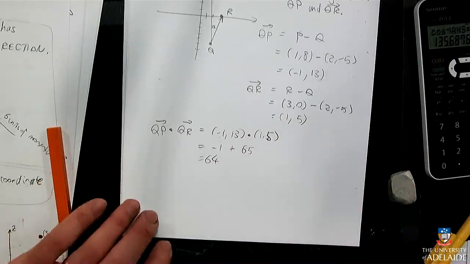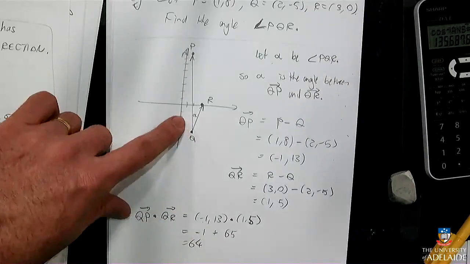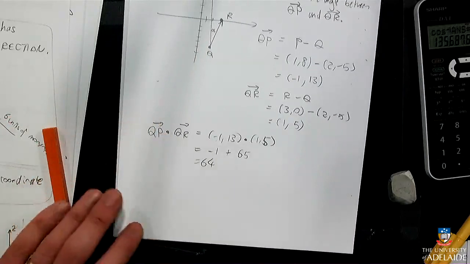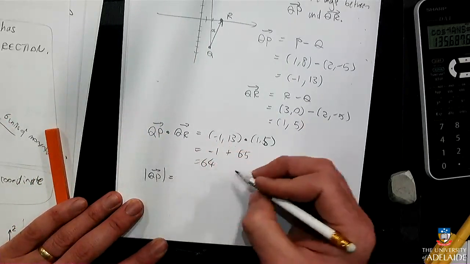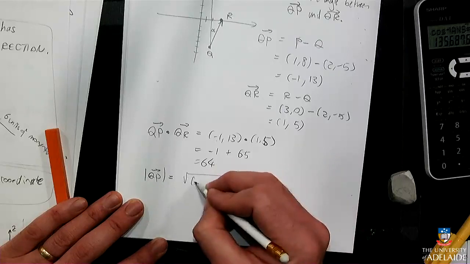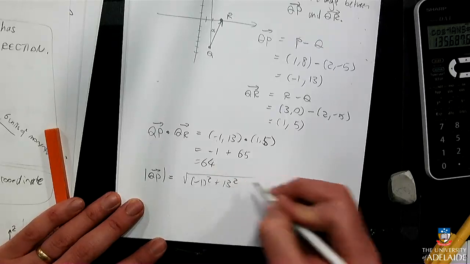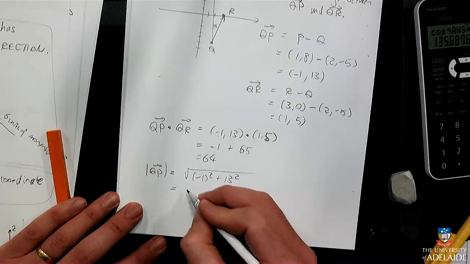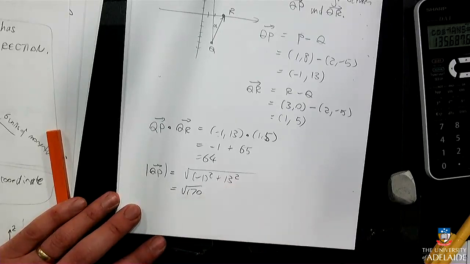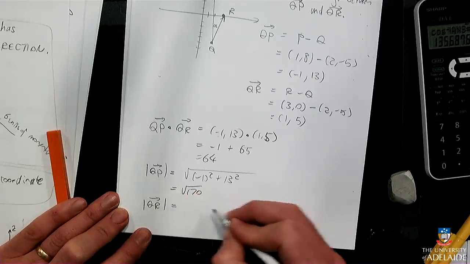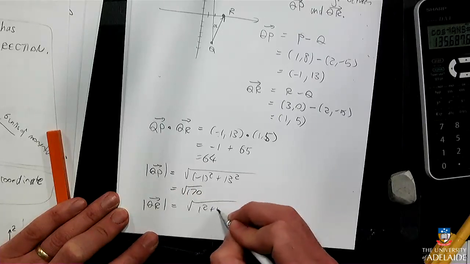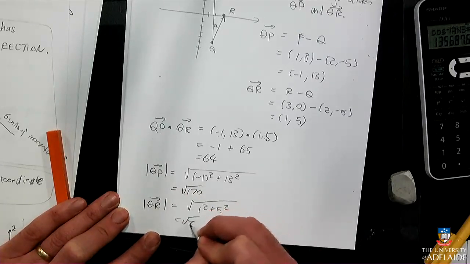So it's positive, which means the angle's less than 90 degrees, and it looks like it, so that's good. The length of QP is the square root of minus 1 squared plus 13 squared, which is the square root of 170. The length of QR is the square root of 1 squared plus 5 squared, which is the square root of 26.